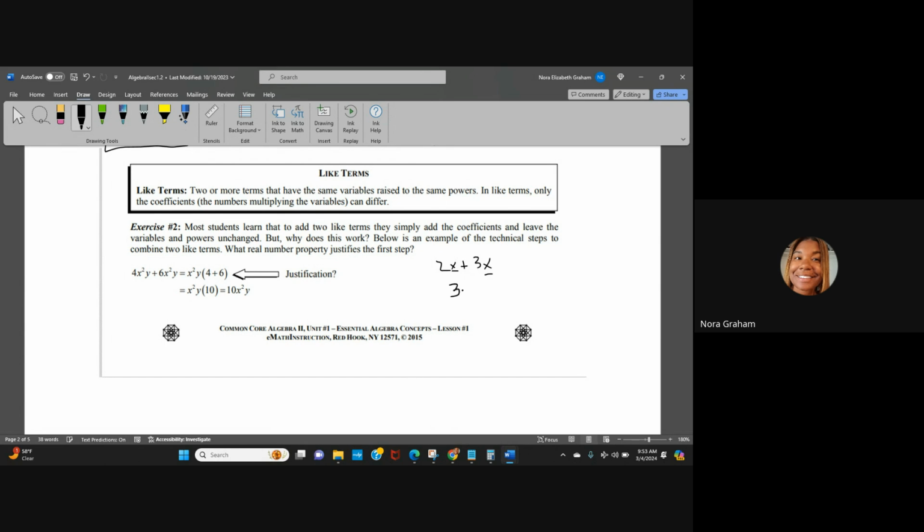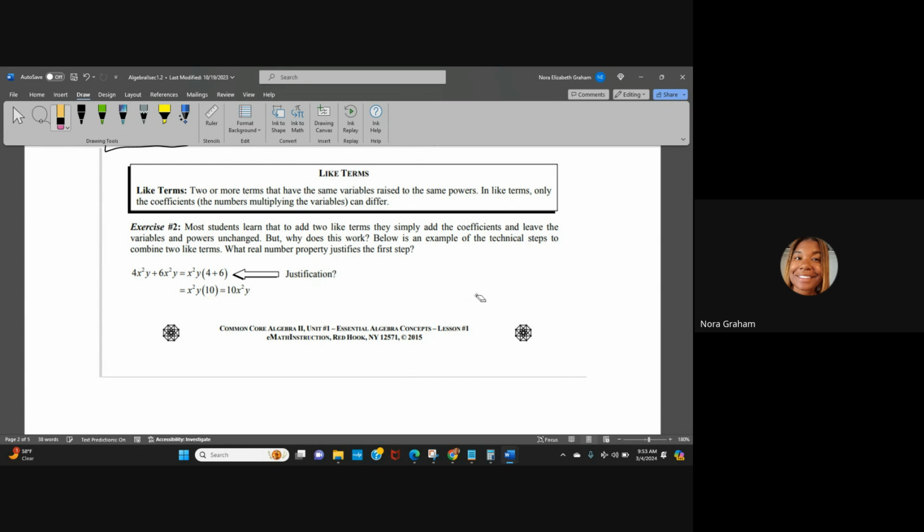Sometimes they call these your coefficients, okay? I can add my coefficients together. So I would get 5x. Right? So I'm just adding my constants together, and that's what I'm doing to get my like terms.